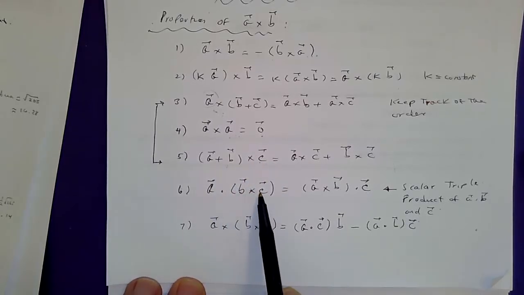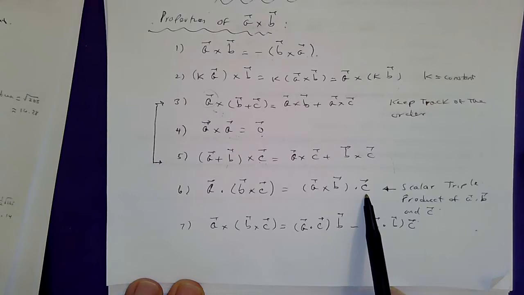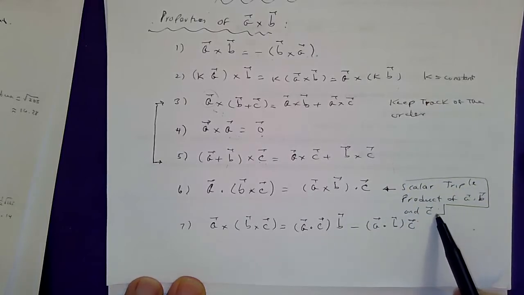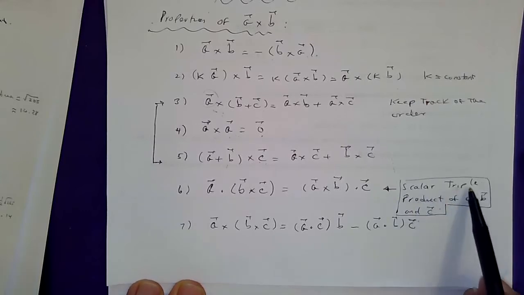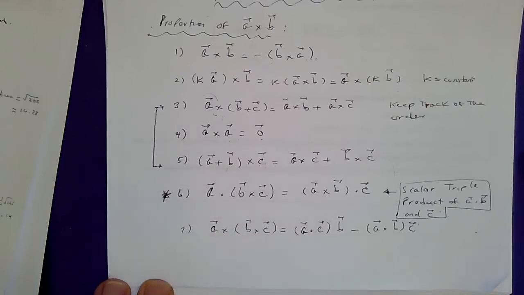A dot the cross product of B and C is not A dot B cross A dot C. Be careful, it's A cross B dot C, which is known as what? The scalar triple product of A, B, and C, which we're going to use momentarily. So remember, A dot B cross C is not A dot B cross A dot C. It's A cross B dot C. Be careful.